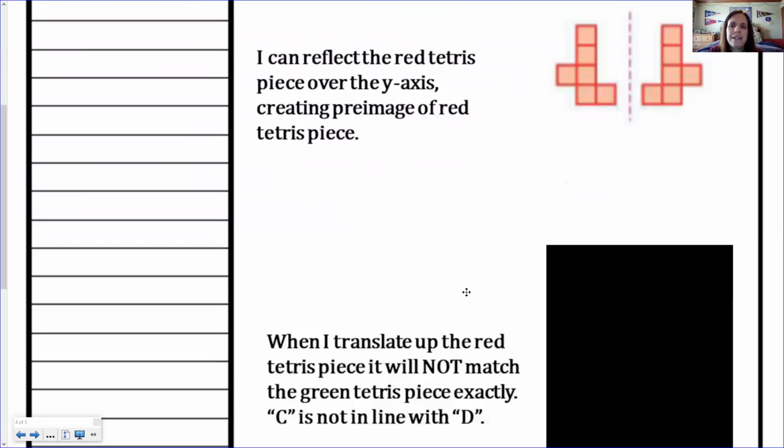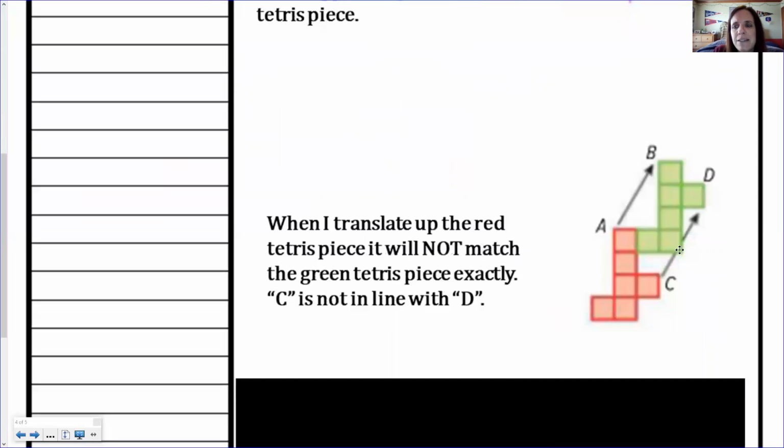So if you wanted to say a translation occurred, that doesn't work, because when you translate it up, the pieces aren't going to match. Where C comes out is not where D is. It would actually be a piece below. So this does not match exactly. The translation didn't work this time.